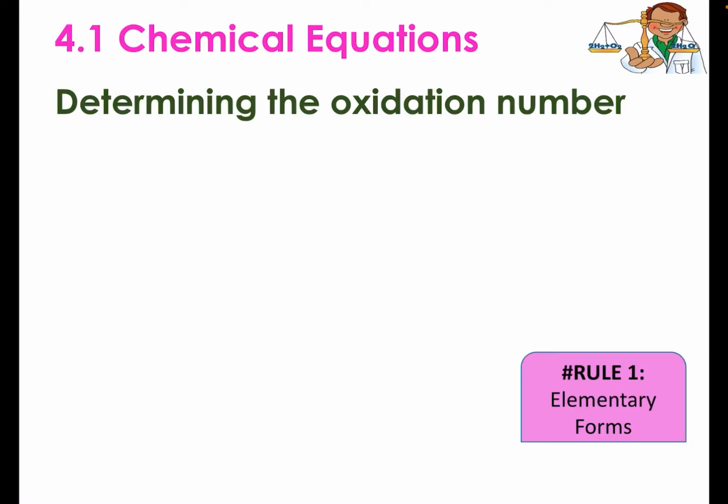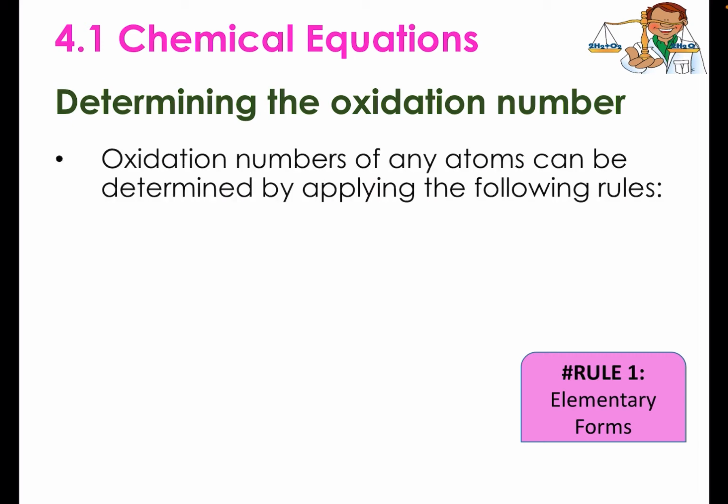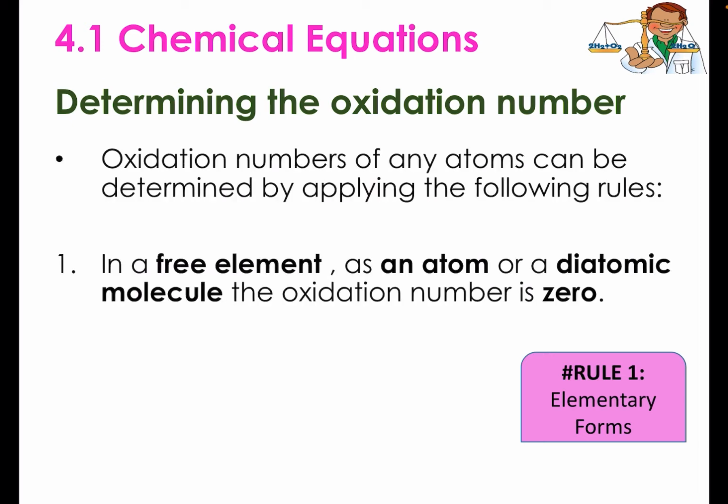Alright, in order for us to determine the oxidation number for any element in a given chemical formula, we have to follow a few rules in order to get the correct answer. So we go to the first rule, which is elementary forms. What does it mean?